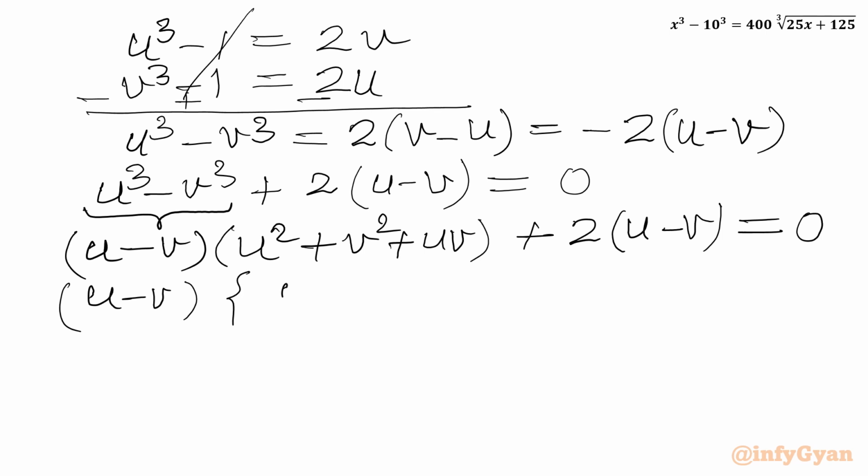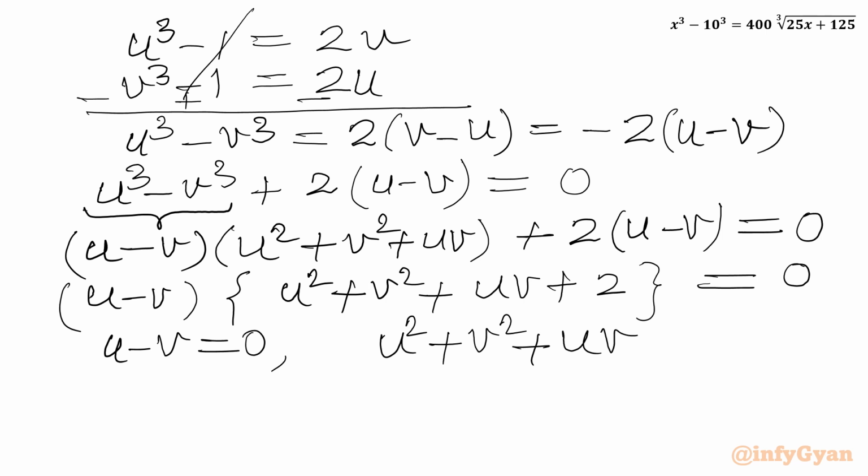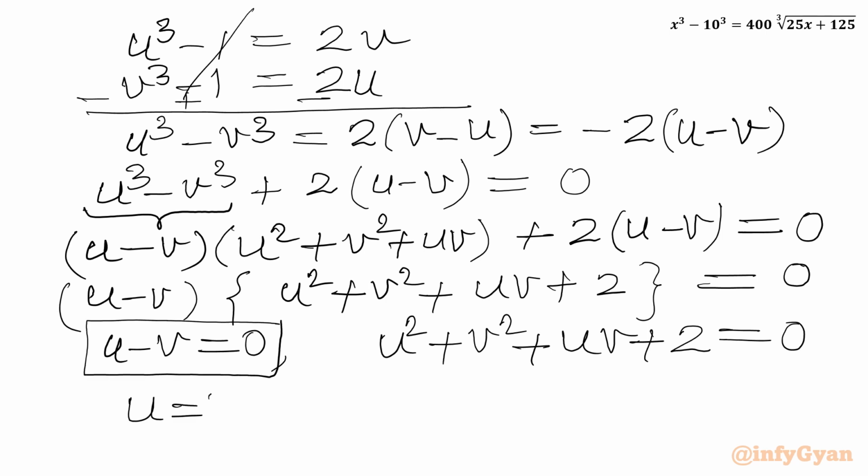So we will get u square plus v square plus uv plus 2 in the second bracket equal to 0. Either u minus v will be 0 or u square plus v square plus uv plus 2 equal to 0. So from first equation we will get u equal to v.